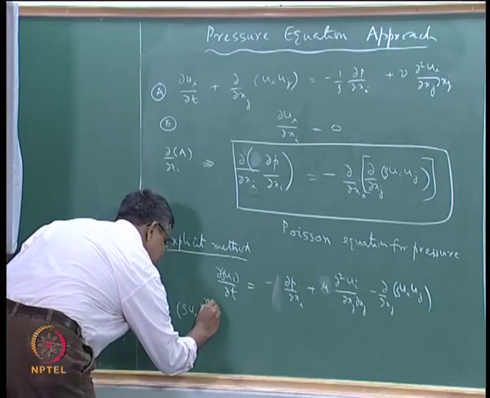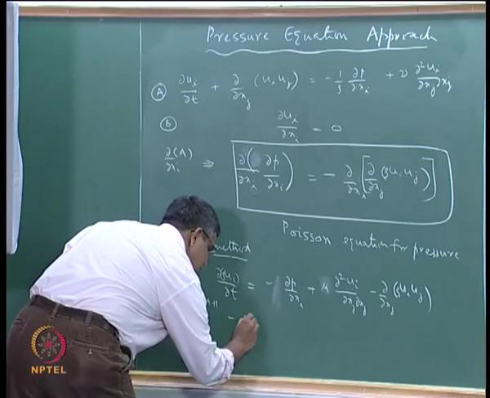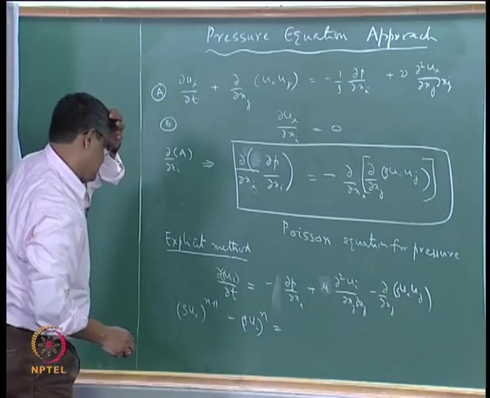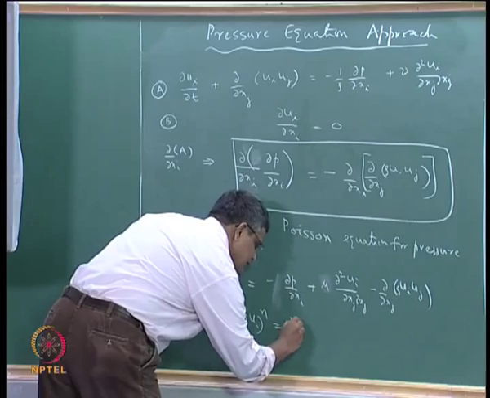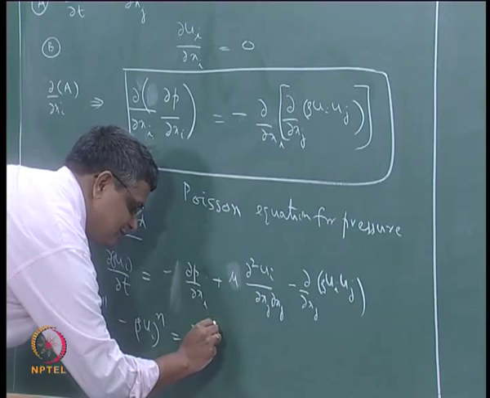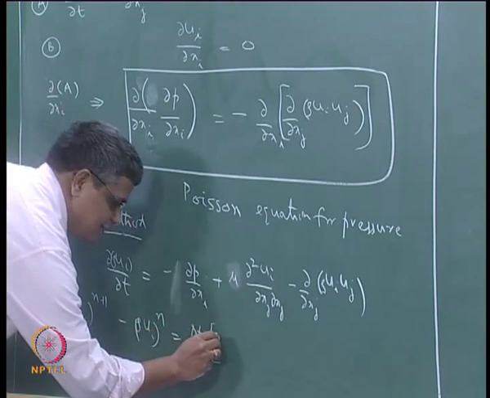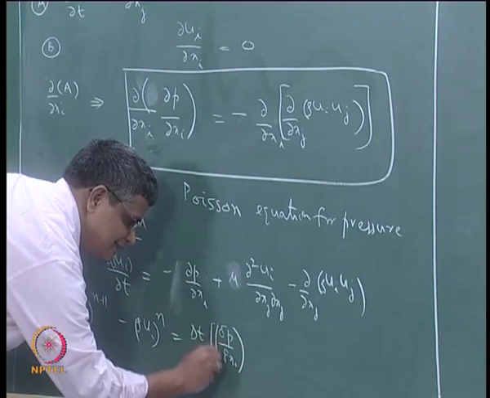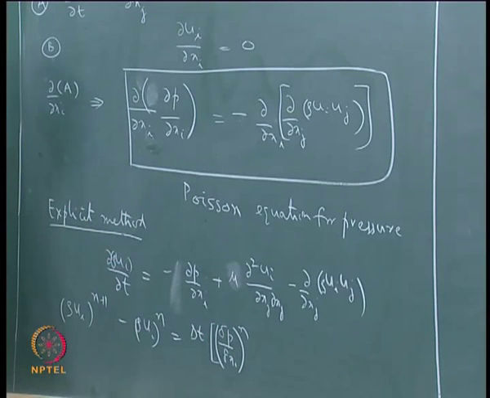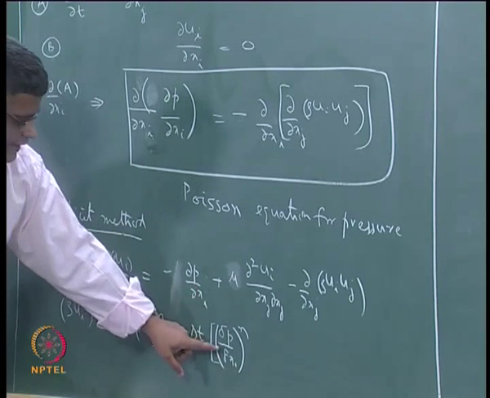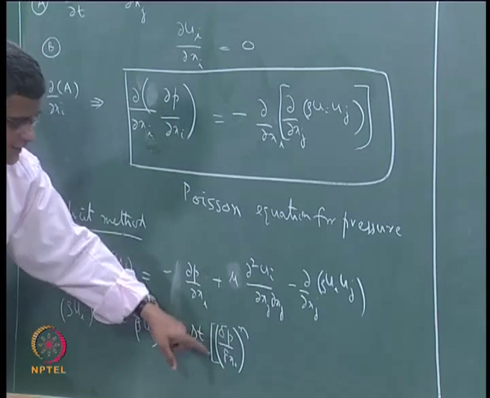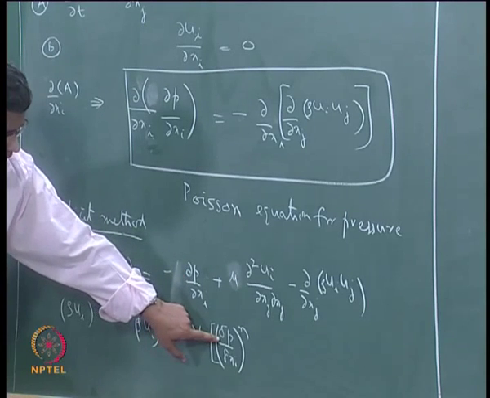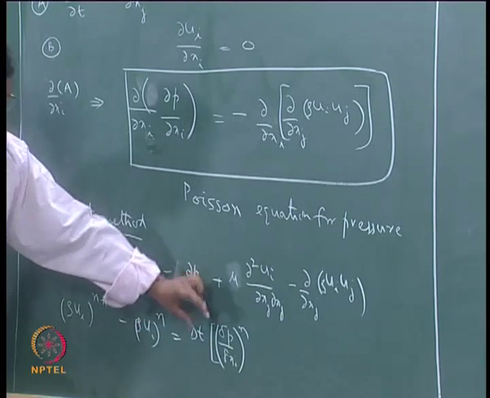rho ui n plus 1 minus rho ui n is equal to delta t times, we can call this as delta p by delta xi, in an explicit method. So, this is evaluated at nth time step using some discretization, so that we are replacing the partial derivative with respect with delta to indicate that this is a discretized part.